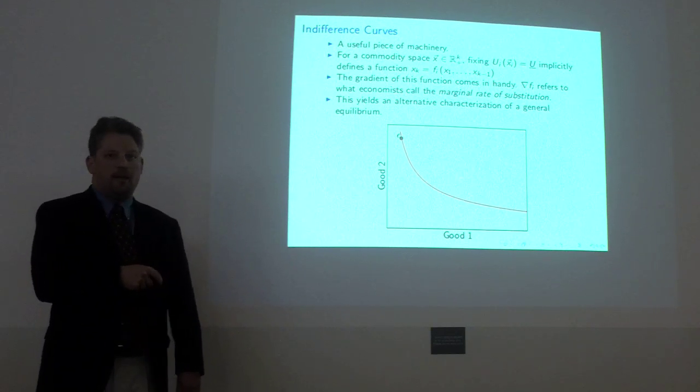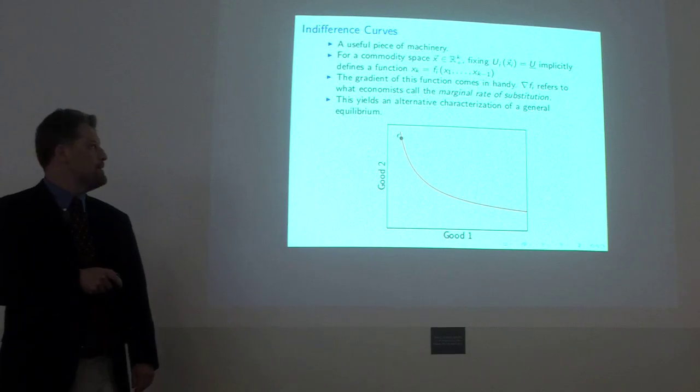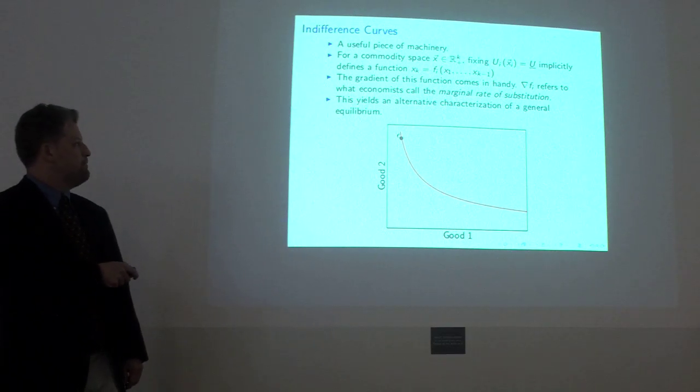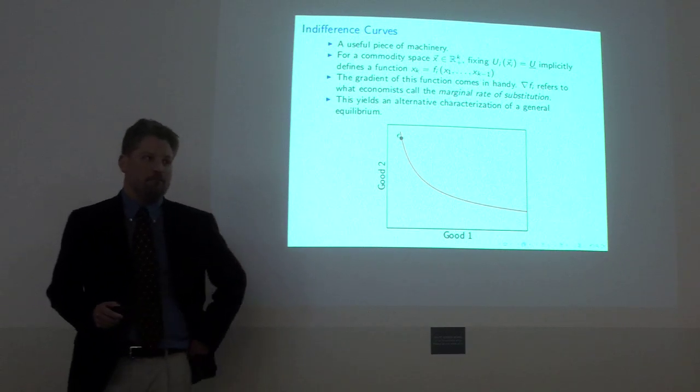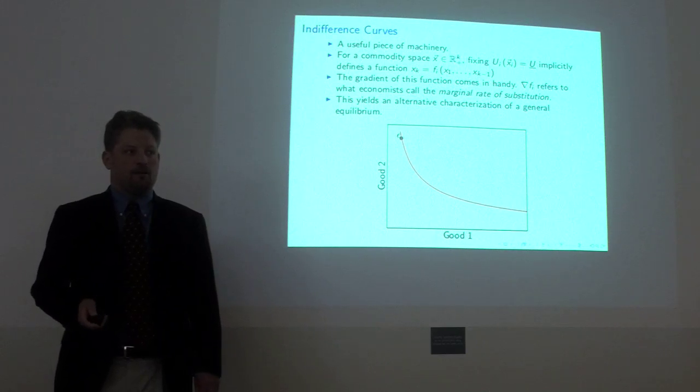These are a handy bit of machinery. They're used exhaustively in the teaching of intermediate micro. What we need from this indifference curve is not just the curve itself, but also the gradient, which is called the marginal rate of substitution. And that's going to come in handy.